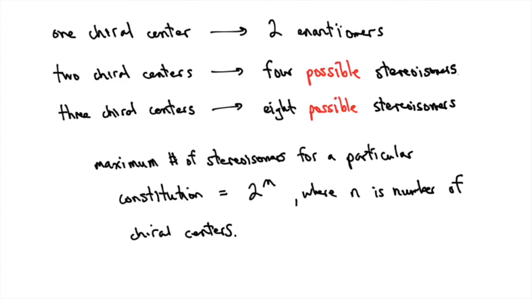So let's talk about the relationship between these possible stereoisomers. Let's take the example of a molecule that has two chiral, non-racemic stereocenters.